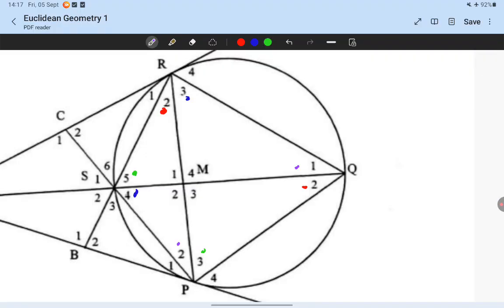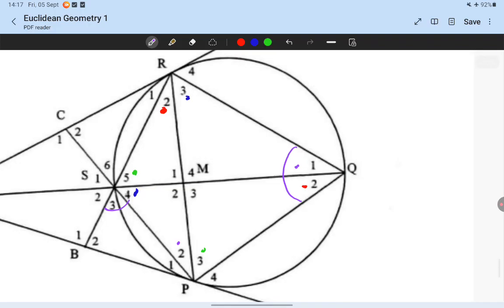So always go with something that you can write with, right? And also we can see that this angle that is here, Q1 plus Q2, must be equivalent to S3. Can you see that? This is the exterior angle of a cyclic quad, must be equivalent to the opposite interior.